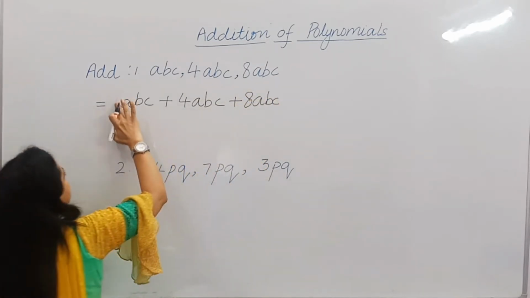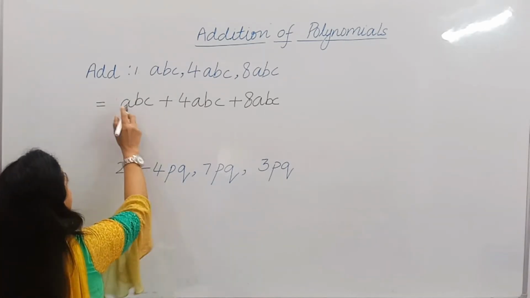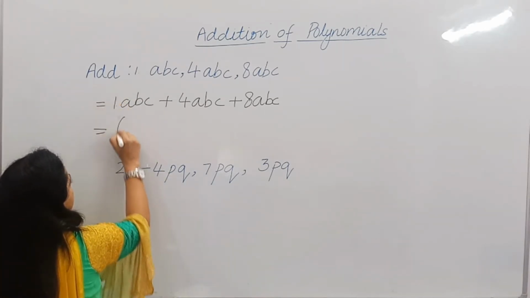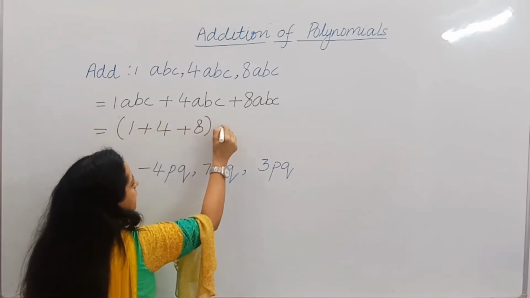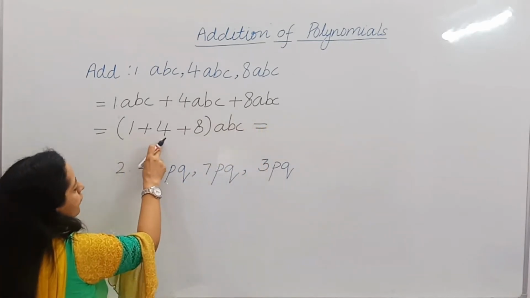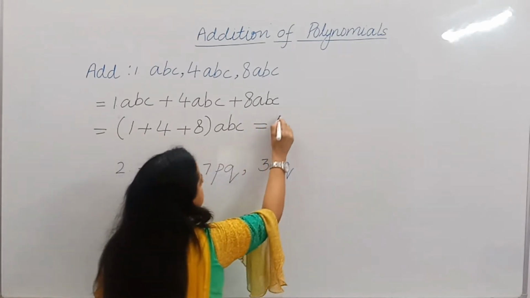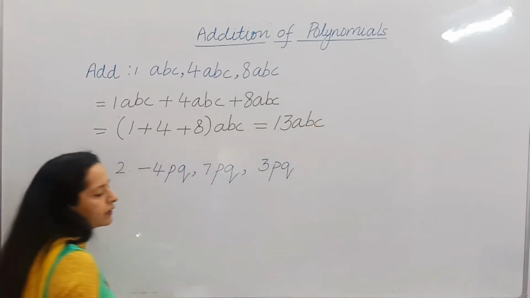Now here ABC does not have any coefficient, that means the coefficient for ABC here is 1. So adding the numerical coefficients 1 plus 4 plus 8, taking literal coefficient common. Now adding them, 1 plus 4 is 5, 5 plus 8 is 13. So we get 13 ABC.